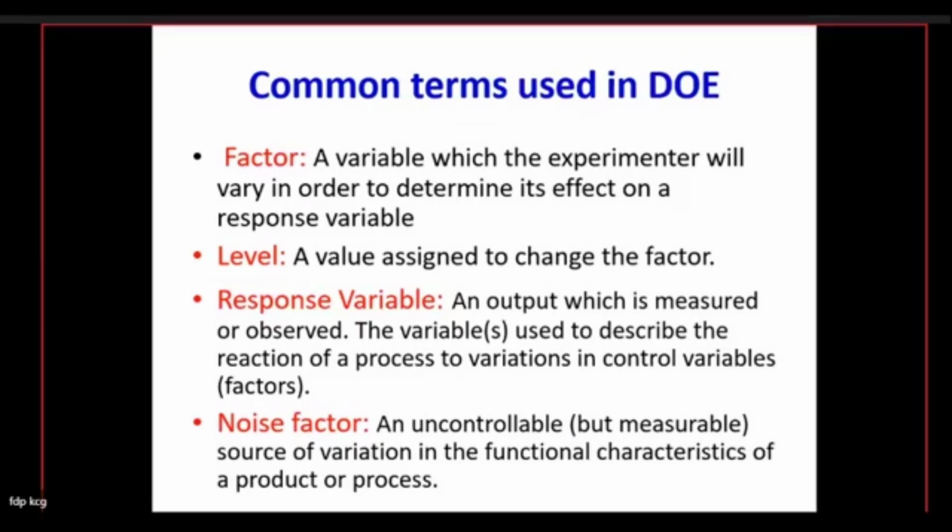The third one is the response variable. When you are varying these factors at different levels, the output you get, which we are measuring and which is useful for product formation or process development, is known as a response variable. The variable used to describe the reaction of a process to variation in a control variable, that is the factors, is known as a response variable.